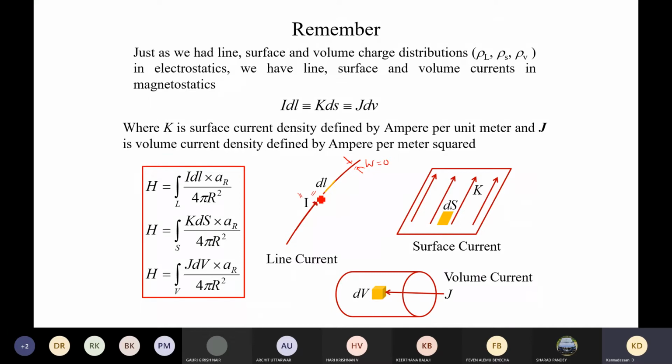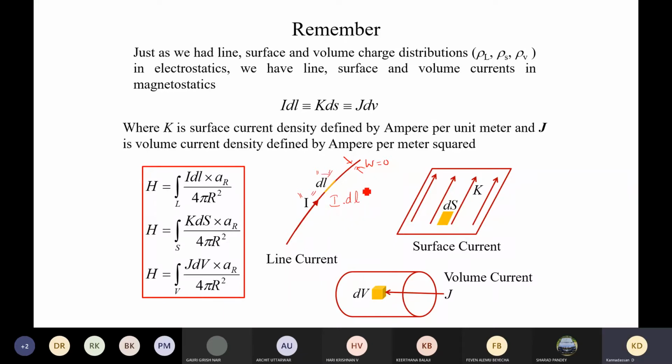We have to be very clear about this expression because this is the expression used in the textbooks. Both textbooks keep the same type of expression, and the current traveling through a small length gives the small current element I dl.